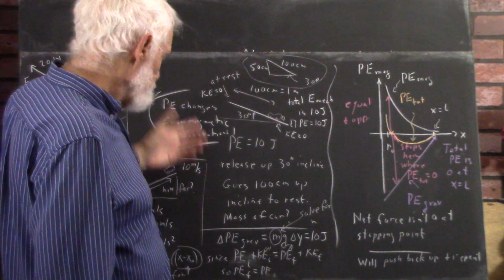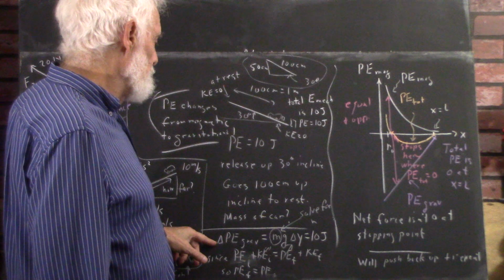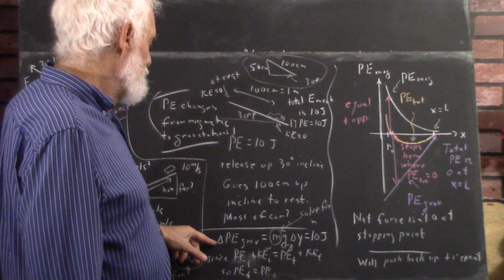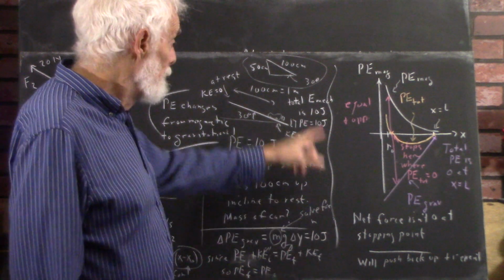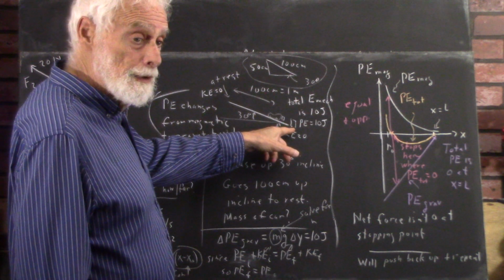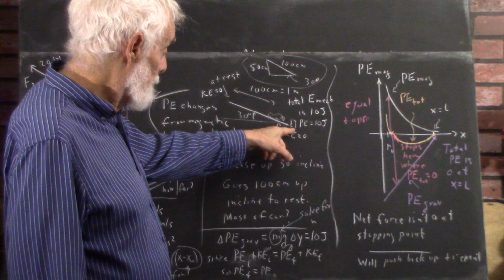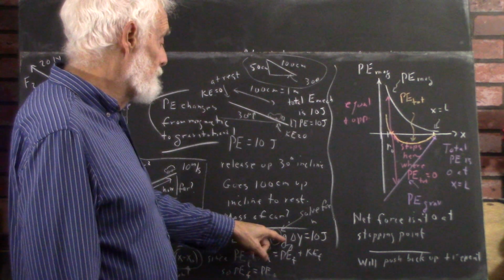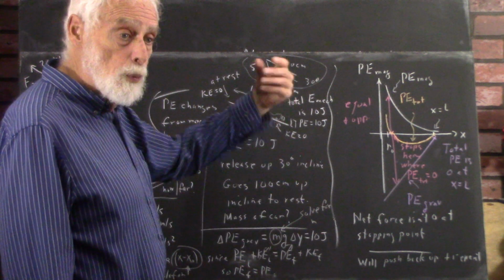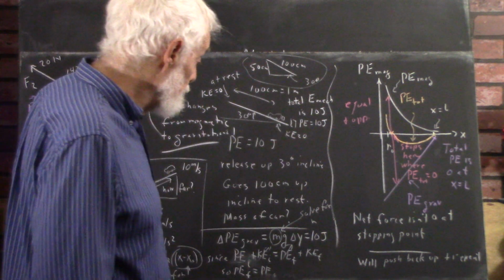Okay, well, the change in gravitational potential energy is going to be the 10 joules that we lose in potential energy here. So the change in gravitational potential energy, of course, is mg times the change in your y-coordinate, the change in your vertical coordinate.